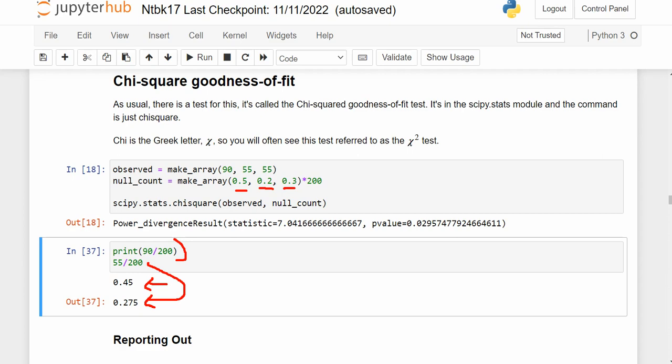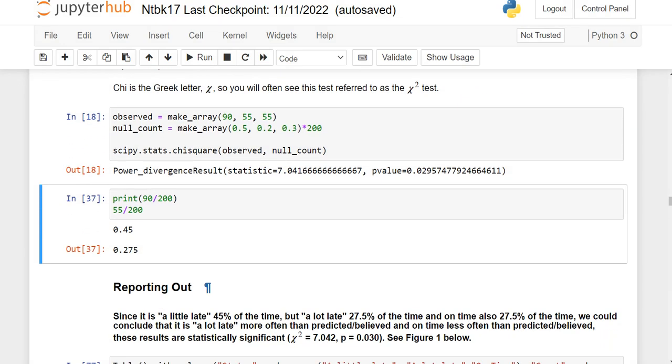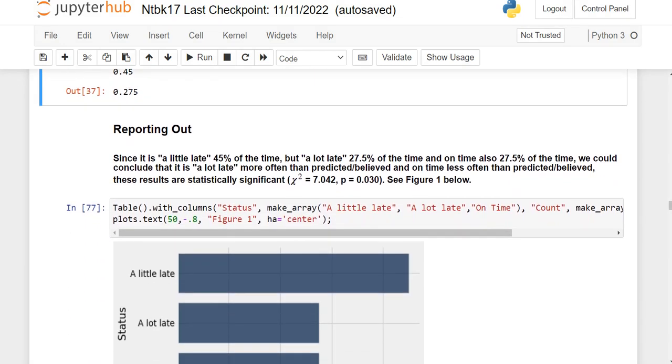So we reject the null. The probability model doesn't quite seem right. And the reporting out says exactly that. And it turns out that it's a lot late more often than predicted. And it's on time less often than predicted.